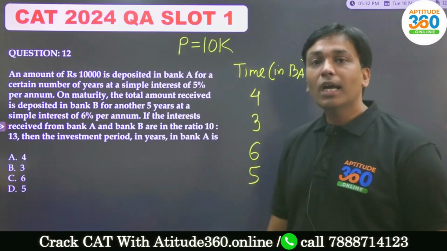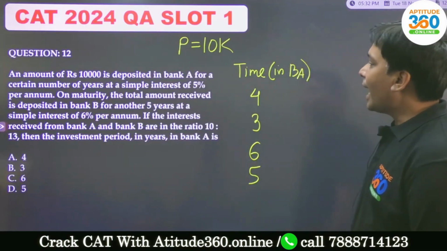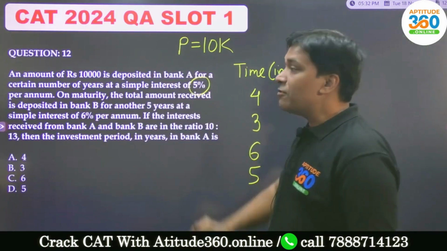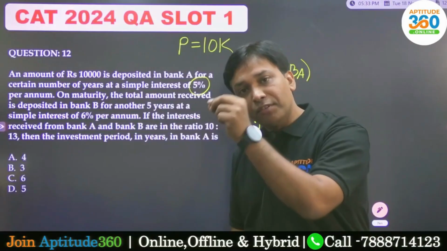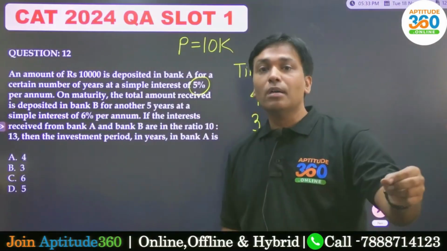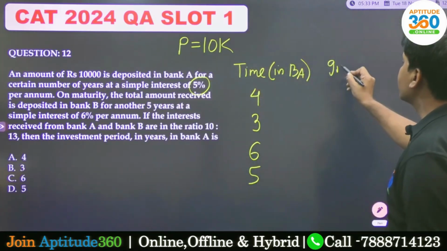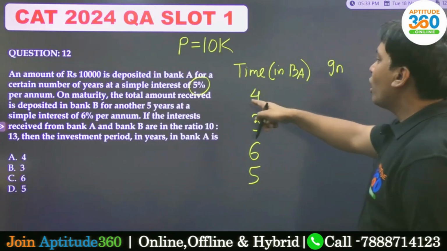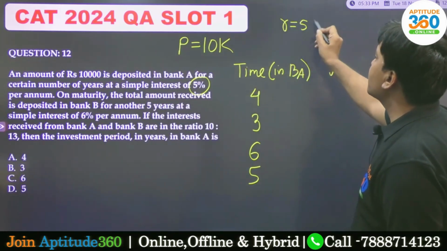What I'm going to do is just eliminate my options. I'm not simplifying the problem. And it is being done at the rate of 5% per annum. And since it is simple interest, every year will be calculated on the principal, right? So interest will be at the rate of 5% per annum.